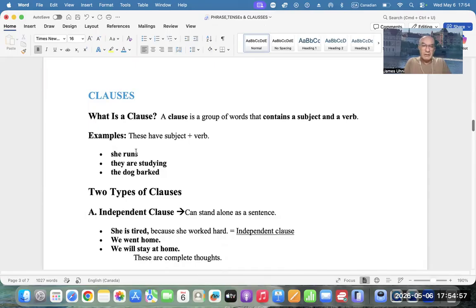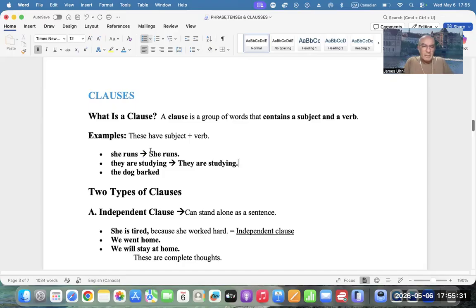Can it stand by itself as a sentence? Yes, it can. They are studying. So let's make it a sentence. She runs. That's good enough. That's a nice sentence. They are studying. That's a nice sentence.